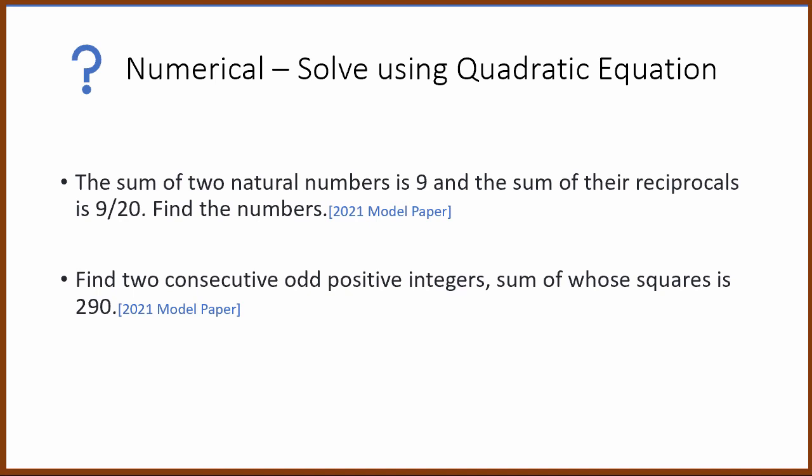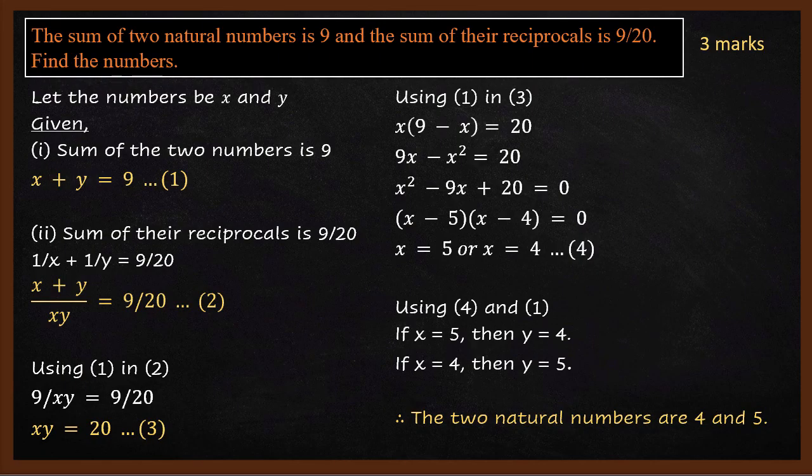Final one is numerical kind of question. So where they give you like sum of two natural numbers is 9 and sum of their reciprocals is 9 by 20. Find the numbers, right? Or two consecutive odd integers. The sum of those squares are 290. Find them. So these kind of question. And how do you do it? Again, similar concept.